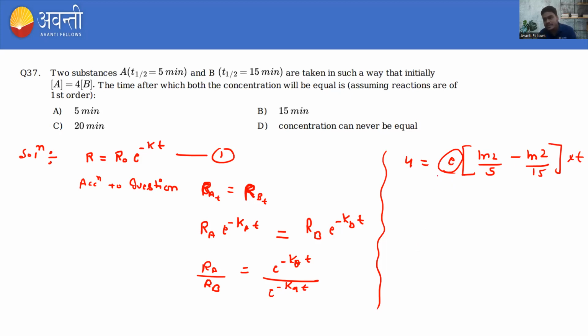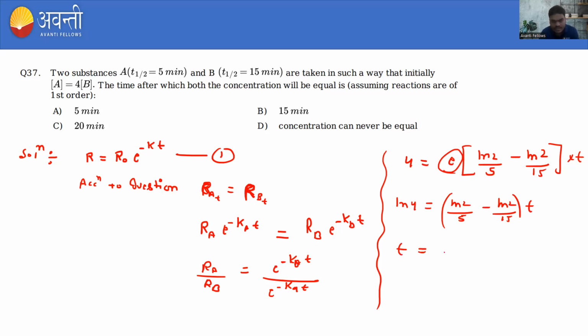We know that whenever you have to remove e, you have to take log. So if you take log on both sides, this e is removed. So this will become ln4 equals ln2 by 5 minus ln2 by 15, multiplied by t. On solving and putting the value of ln, you get the value of t.